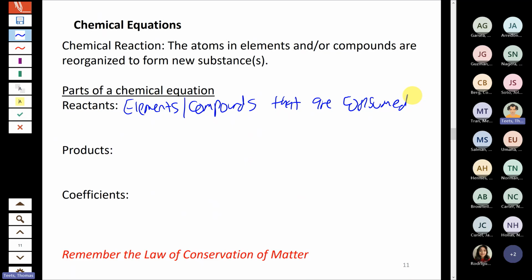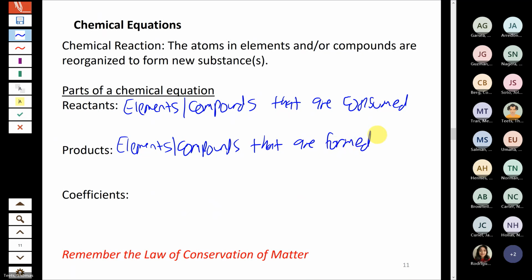That's what's going into your chemical reaction. Those are going to be on the left side of the arrow, as we'll talk about. The products are the elements and or compounds that form. So those are going to be formed in a chemical reaction.